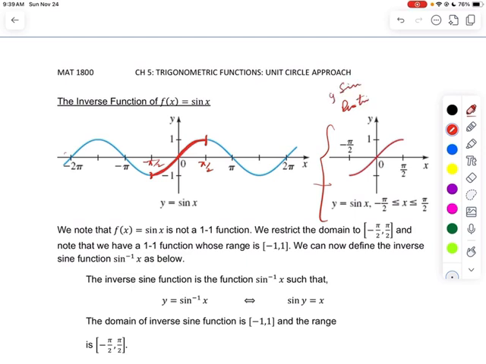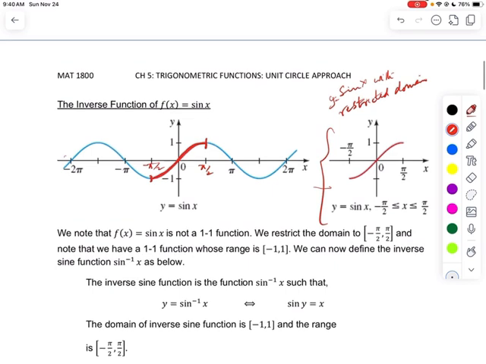If we take the piece between 0 and pi, you can see it is not one-to-one, so this is not a good piece. If you take from here, that is also not one-to-one. But we notice that the function shown in red here is one-to-one because no horizontal line will cross it more than once.